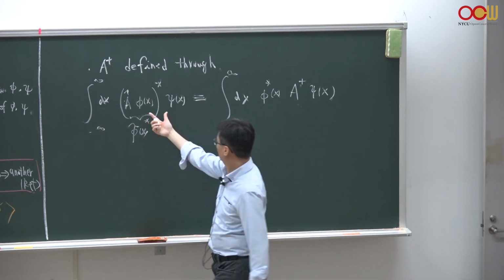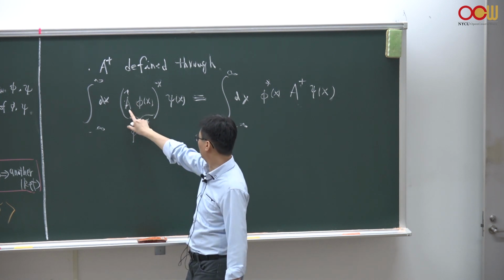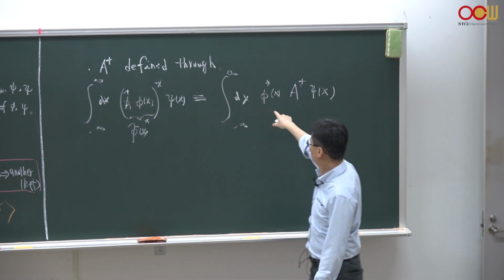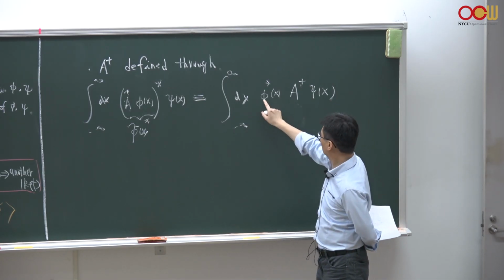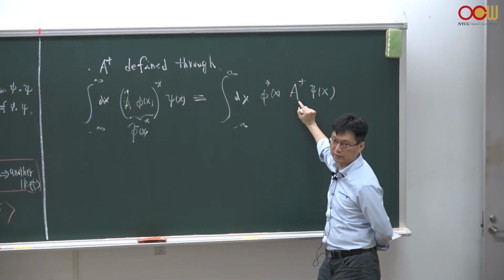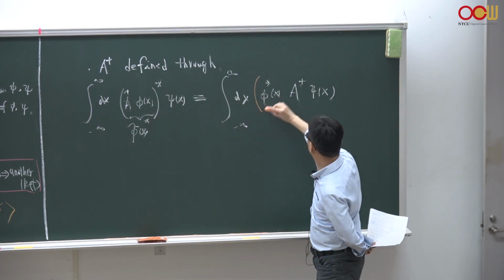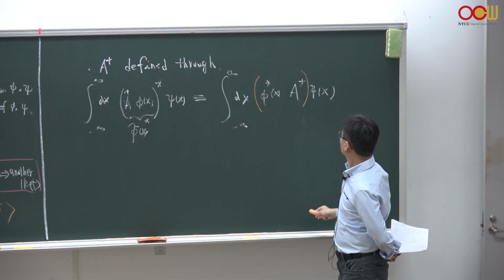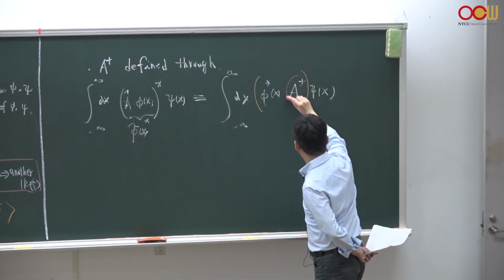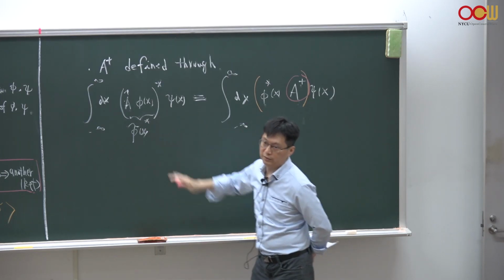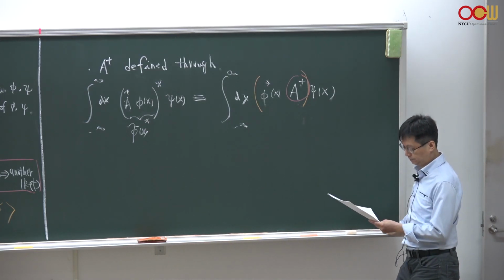By the earlier definition of A dagger, this is the same as switching the order between A and phi and putting a Hermitian conjugate on both objects. I get phi star on the left and A dagger on the right. And so this A dagger appears right here, following this way of defining the Hermitian conjugate of the operator.